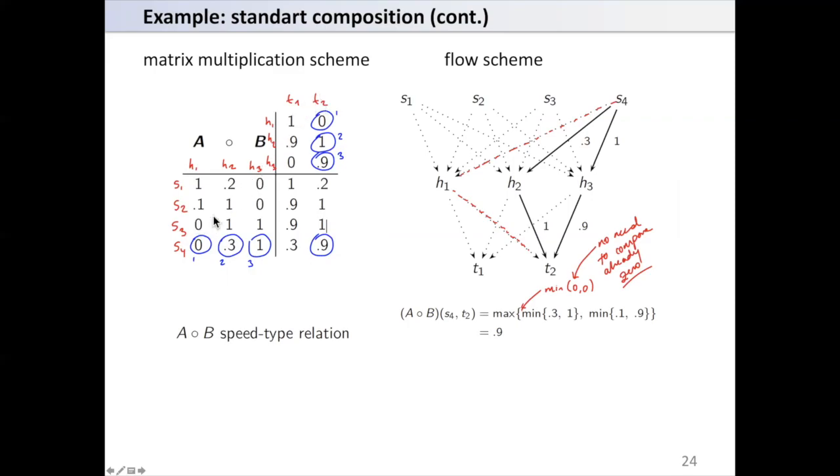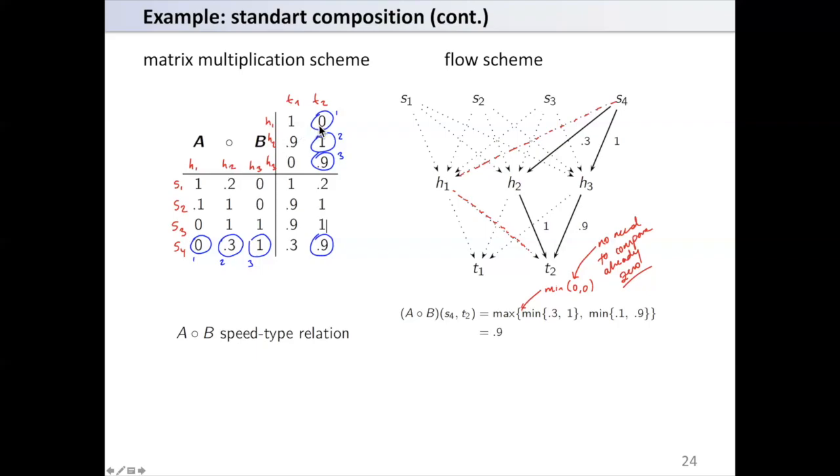For example, to find the value of speed 4 and type 2, we are considering this row for different heights, and for the same heights, we are considering type 2 here, and one by one, we are comparing and choosing the minimum, and then we are choosing the maximum among them.